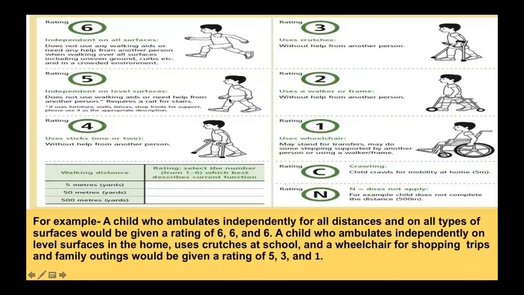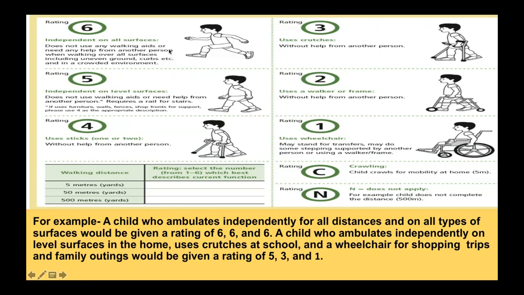Compared with GMFCS, level 1, which was independent, here is totally dependent on a wheelchair. Level 2 is another, he'll always walk but with support. Level 3 is again walking with crutches but with support. So these are like your 4s and 5s. Level 4 here is basically walking independently. Level 5 can walk on any surfaces and 6 can run. So you are going to evaluate the child, and a 6-6-6 score means he can do everything.